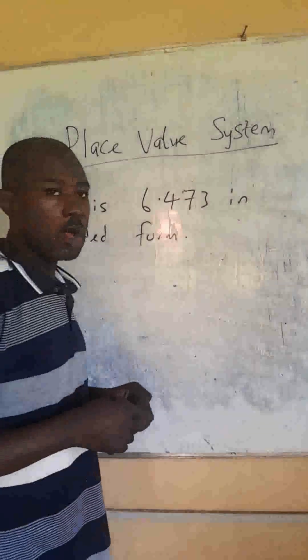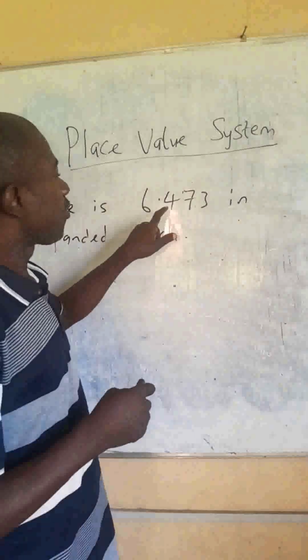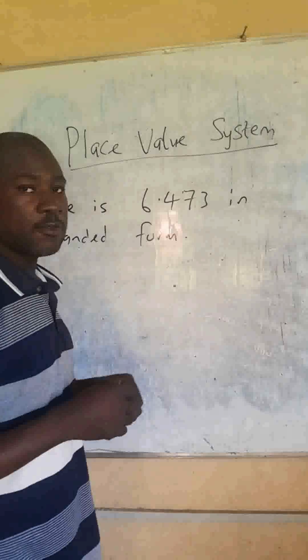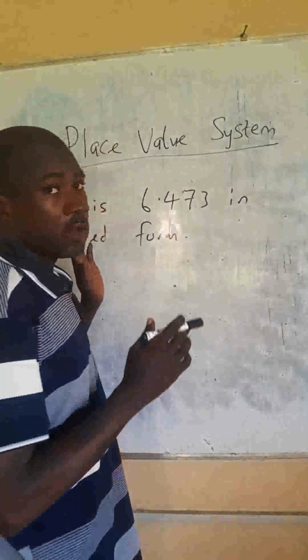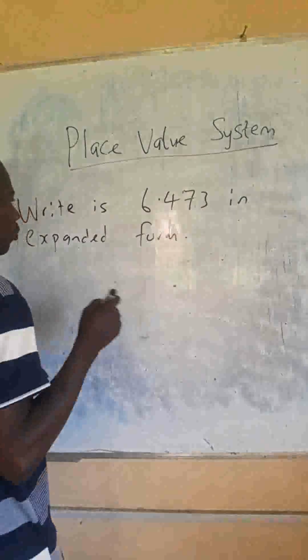Now, how do we write 6,473 in expanded form? Very simple. Now, since you have learned how the place value system works, we'll break it down.